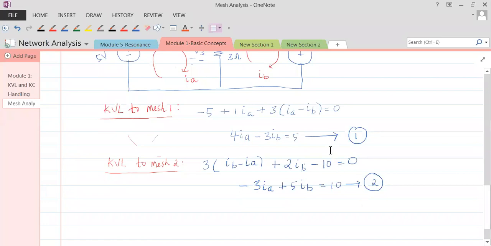Okay, see here. Two equations, two unknowns. Unknowns are IA and IB. How to find out these unknowns? To find out these unknowns, we need to use the calculator. Understand this? We need to use the calculator. Just a sec.